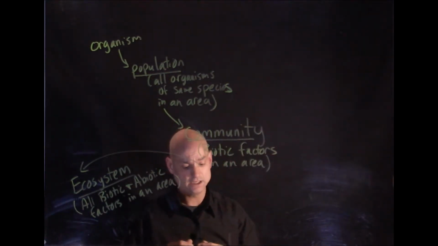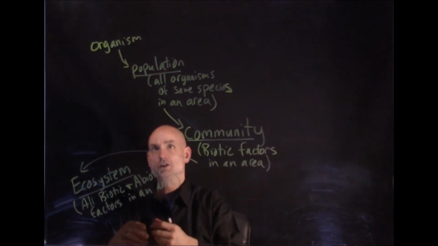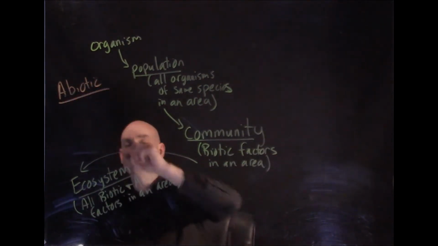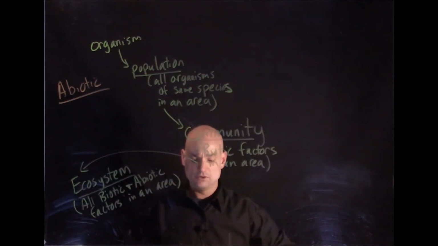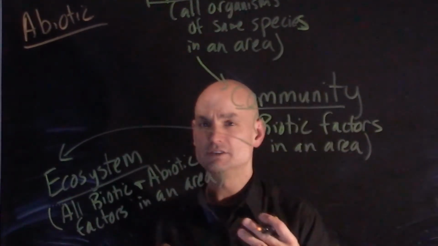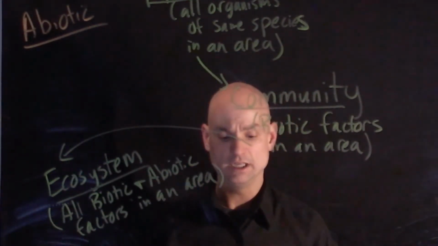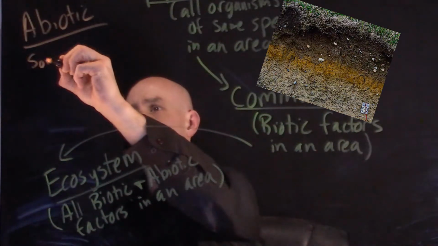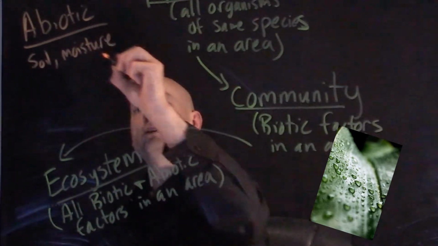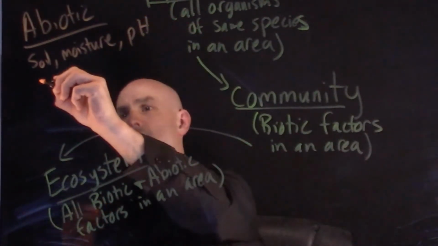But the abiotic, let's talk a little bit more about that abiotic. I want to bring that out a little bit. I'm going to change colors here. So what are we talking about when we talk about abiotic? Abiotic, we're really talking about non-living, and never was. In fact, it's even sometimes very difficult to hold or touch when we're talking about these non-living things. Although we can hold and touch soil and perhaps moisture in the form of water, it is very difficult to hold pH or temperature.